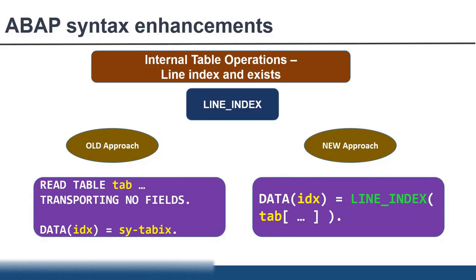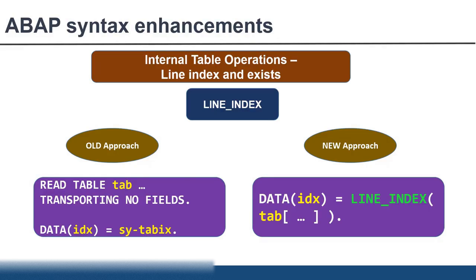So you write the code like shown in the old approach: reading the internal table with the extension TRANSPORTING NO FIELDS and then checking the sy-tabix value. Now with the new approach, you can write the same using the function line_index. Within the braces, the internal table and the conditions can be specified. As a result, the variable on the left will have the index value.